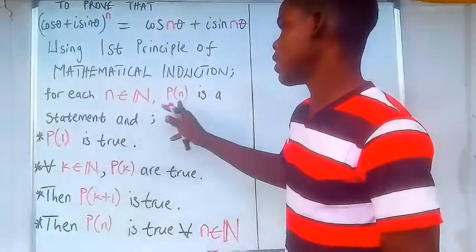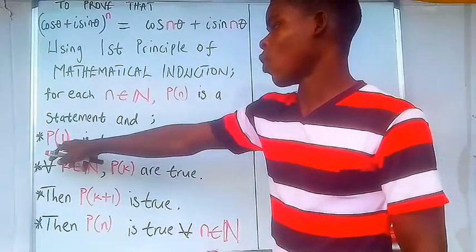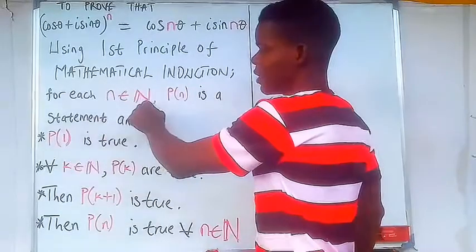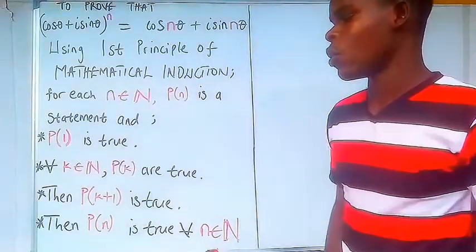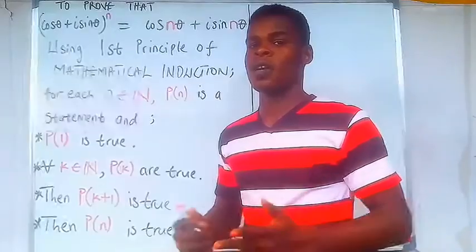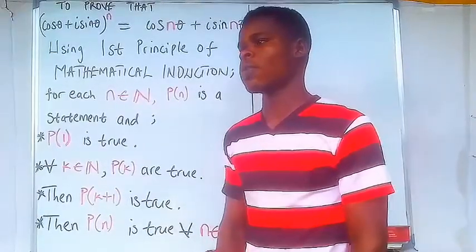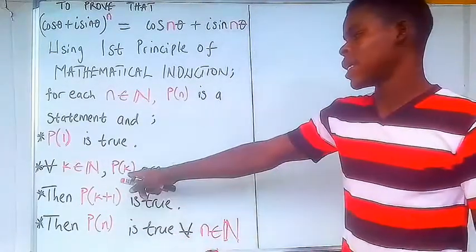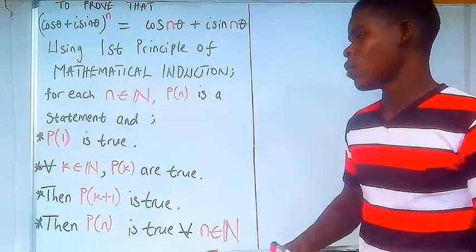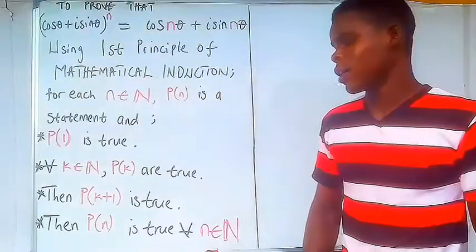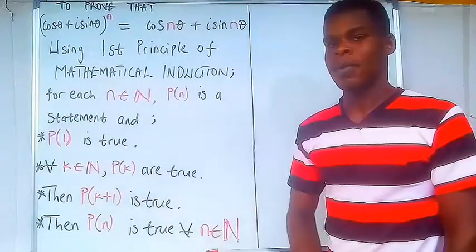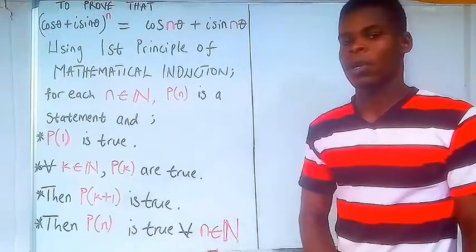That is to say that the statement defined by the first element in the set of natural numbers is true, and also for any arbitrary element k in the set of natural numbers, Pk is true. Thirdly, we consider that the successor of this element, say k plus 1, is also true.